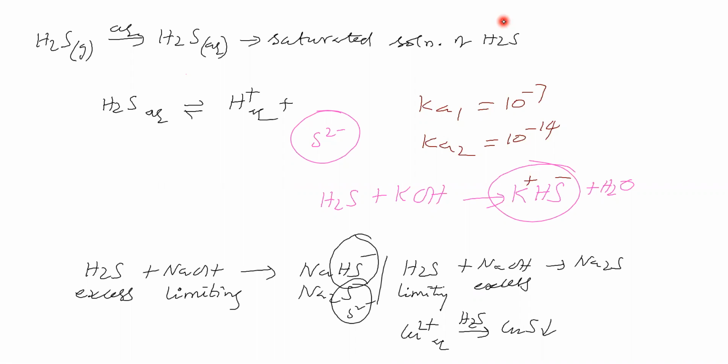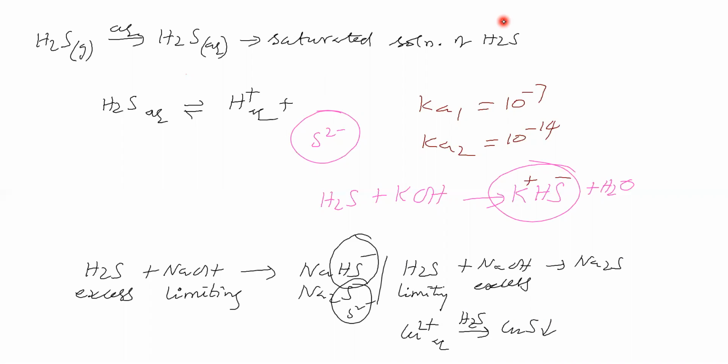You are saying two different equilibria. So in this solution, two different equilibria means, now say, the anion possibility will be bisulfide as well as sulfide, or only bisulfide, or only sulfide. We have to get two equilibria.